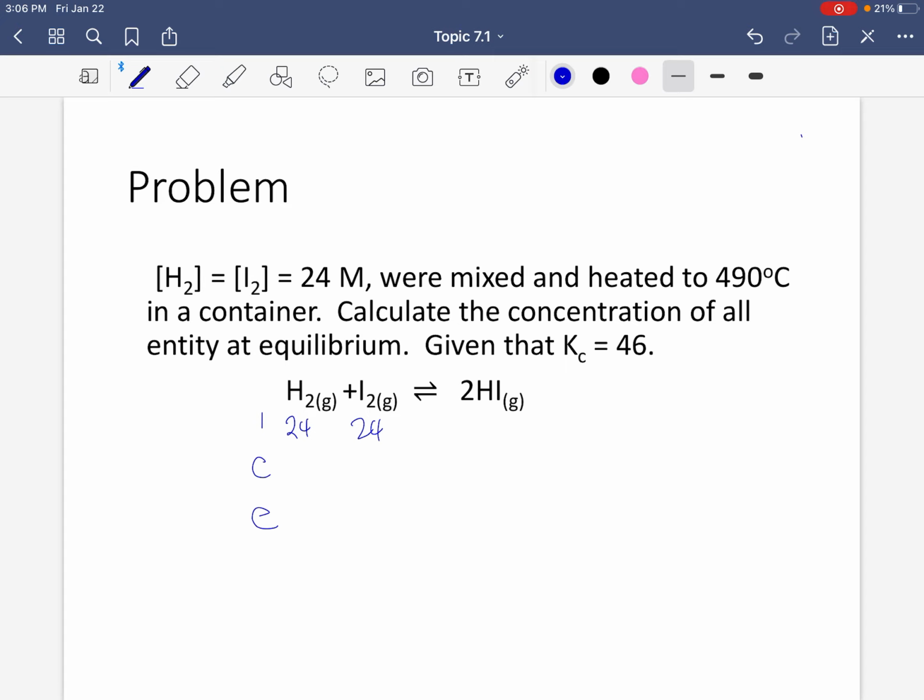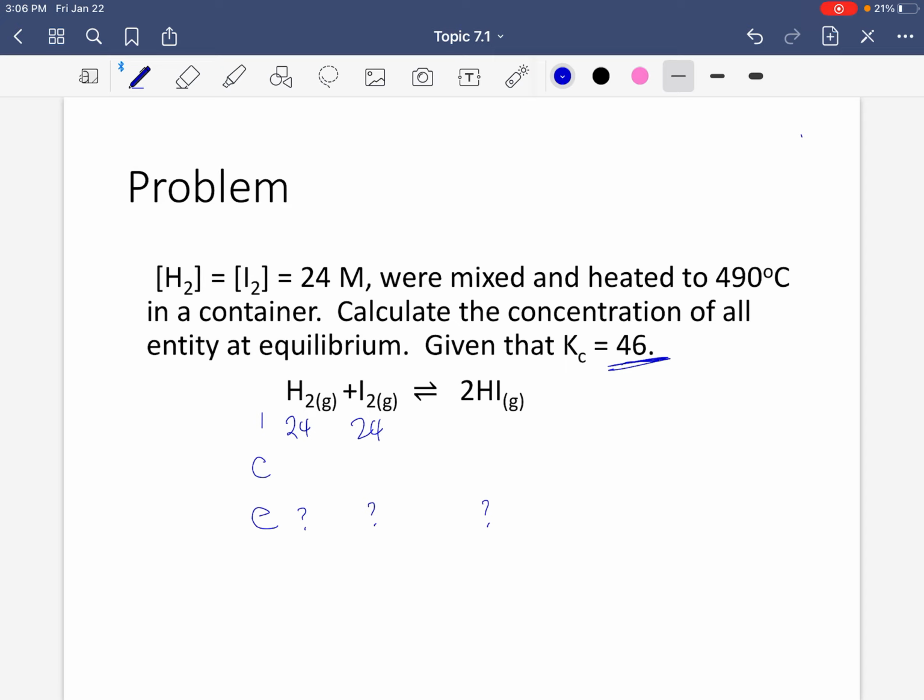Calculate the concentration of all the entities at equilibrium, given the fact that Kc is 46. Oh no. This time, I want to know what this is, and what this is, if Kc is 46 and 24 molar is the initial.